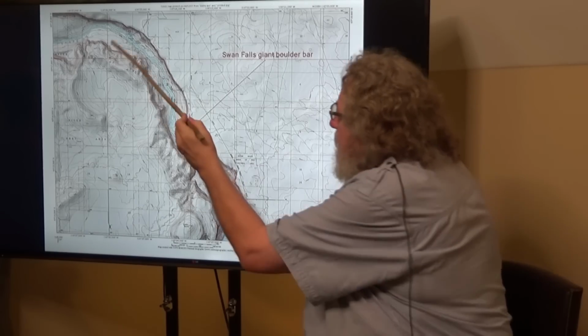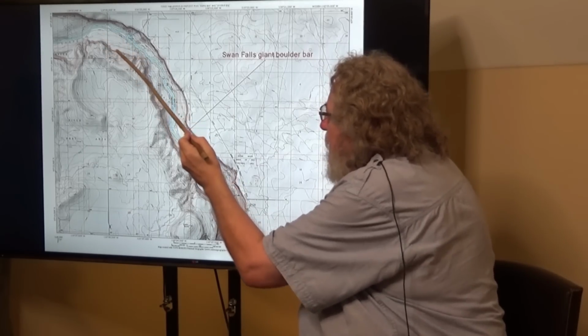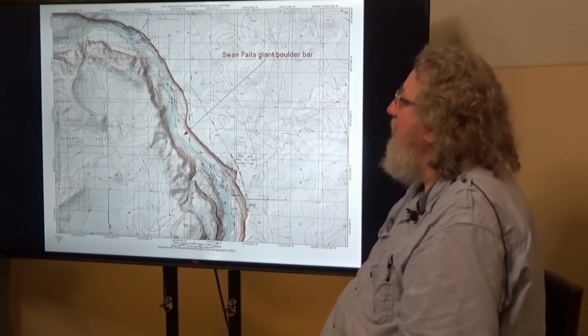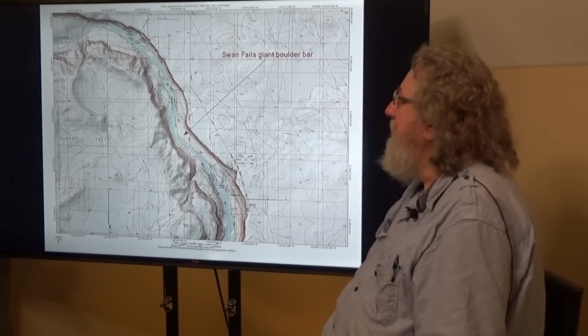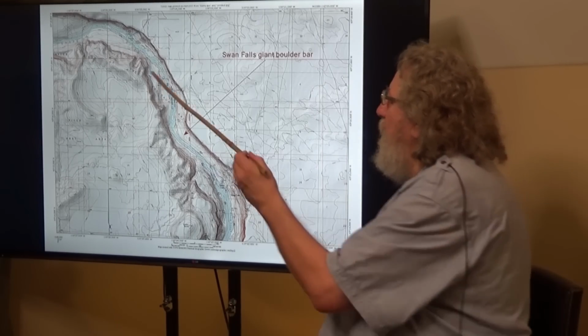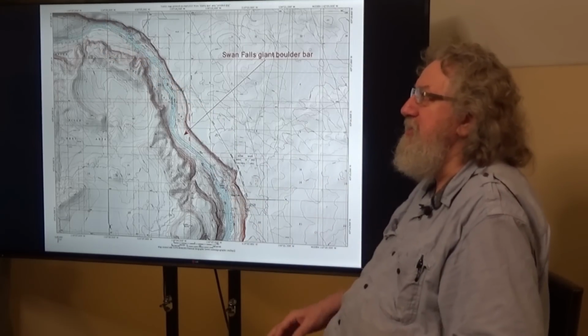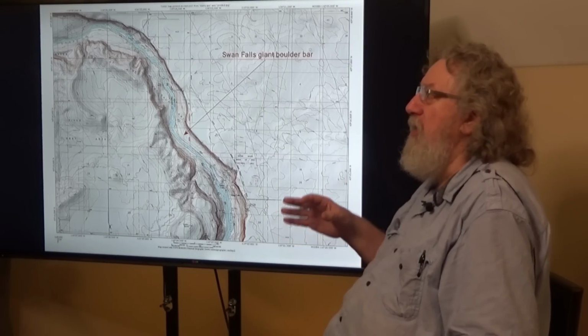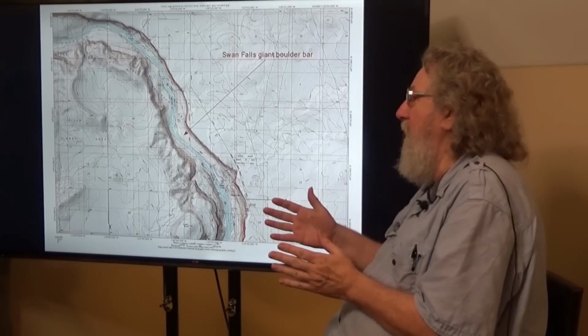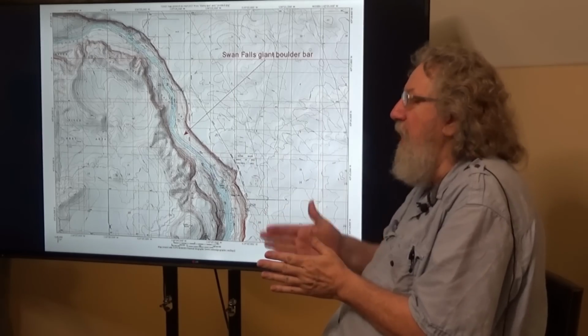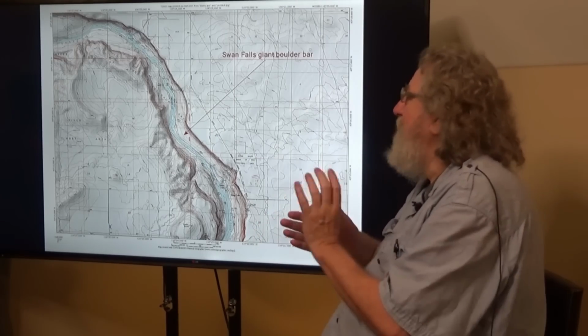And then there's more. You see there's another bar up here in this bend. And that's normal, the way you see these features. Because when water flow goes around a bend, all the water molecules on the outside of the flow are trying to keep up with the average speed.